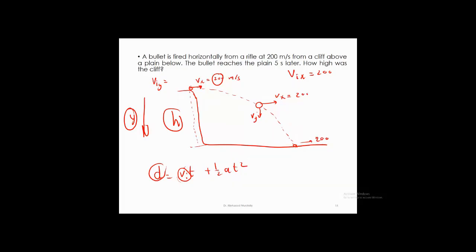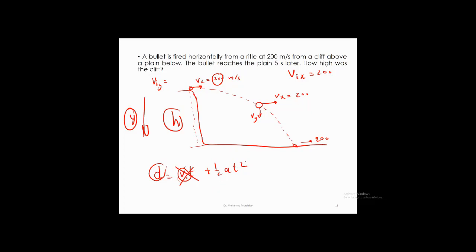Vy is the one that is changing. At the beginning Vy was 0, because when you throw something horizontally, the y component at t equals 0 should be 0. So, thank goodness, one of the terms has been deleted. That is 0.